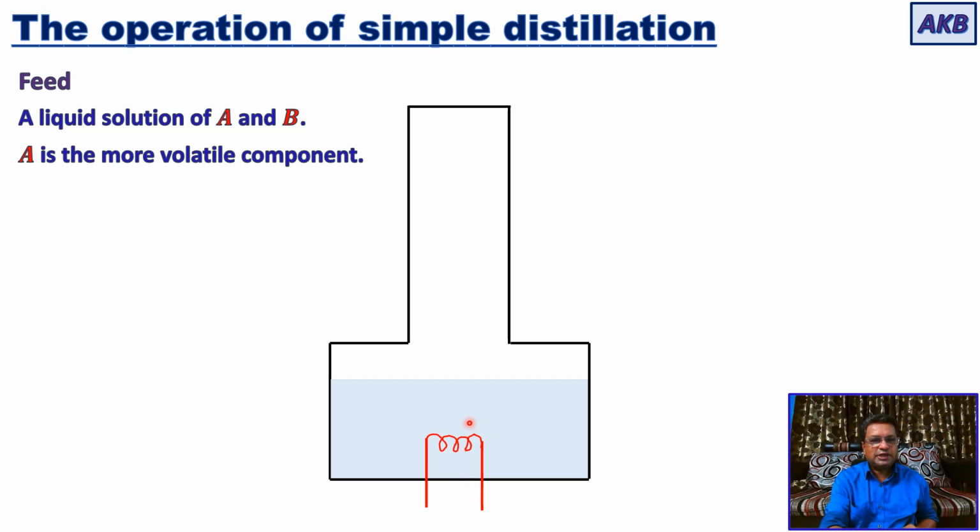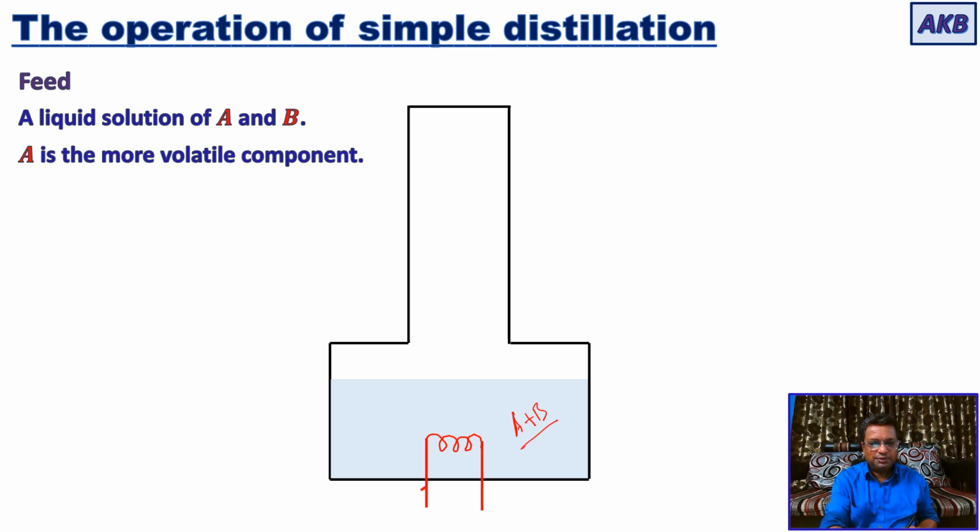So the operation is carried out in a still. A still is an apparatus where there is provision of heating a liquid solution. You have a liquid solution containing A and B in it, and you are heating it.